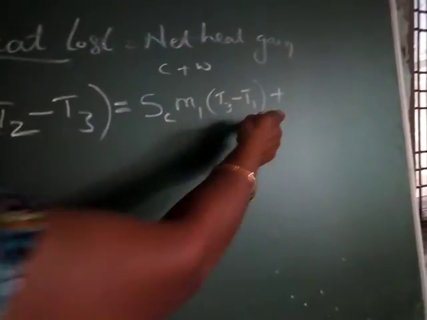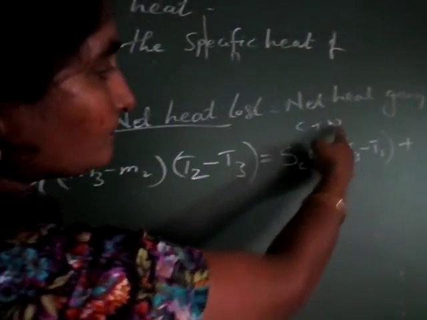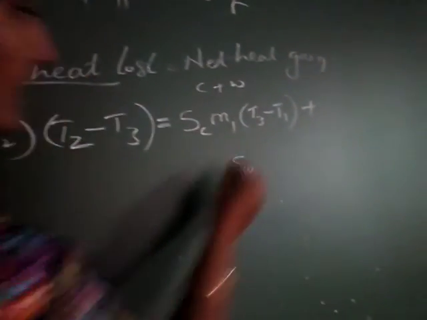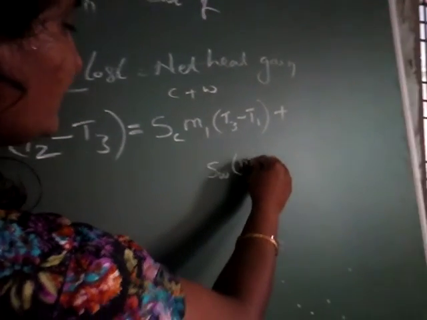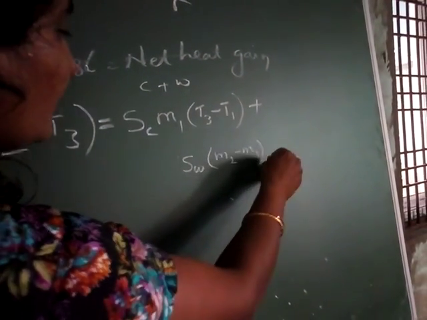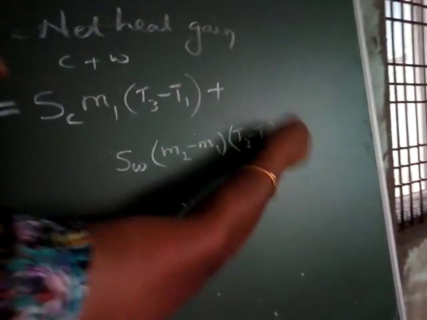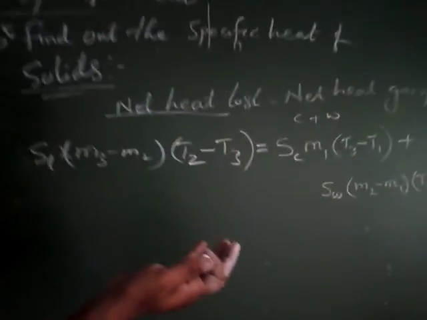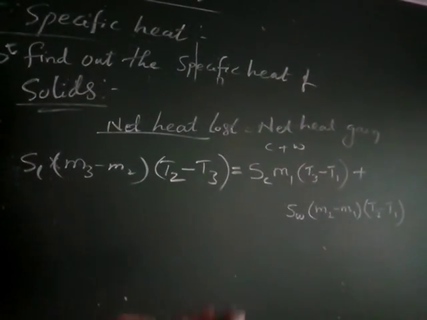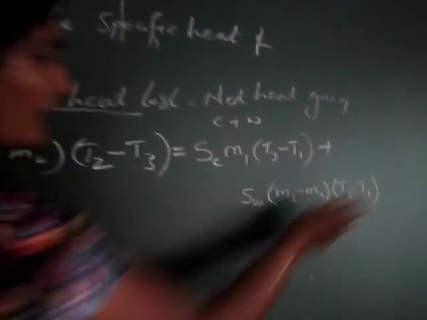That's why T3 minus T1 is the difference here. Now the next one is water. SW is the water specific heat, the mass of the water is M2 minus M1, and delta temperature is T3 minus T1, because it goes from T1 to T3. T3 is the highest temperature, T1 is the colder body temperature, we know that. That's why the difference is T3 minus T1.